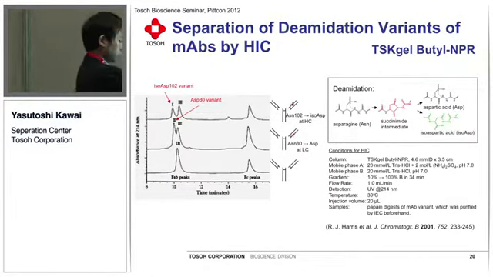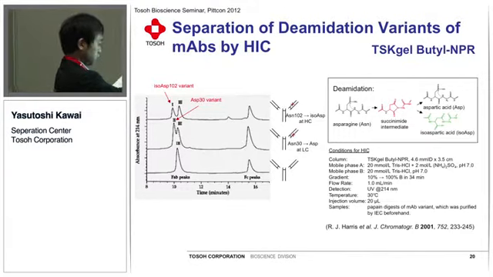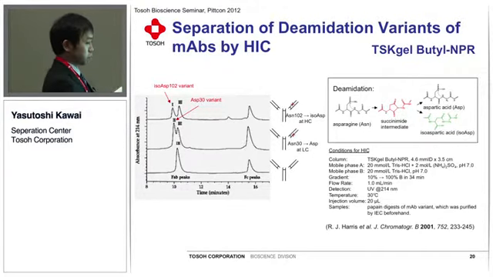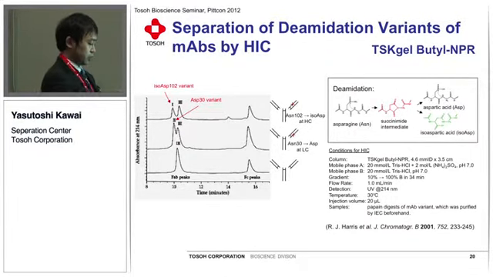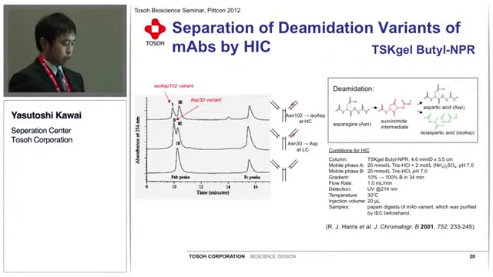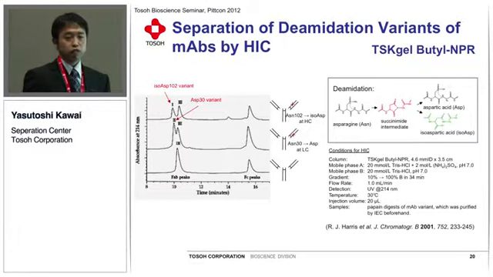Three variants of monoclonal antibody were digested with papain and separated by TSKgel Butyl-NPR column. This Butyl-NPR column is a HIC column packed with 2.5 micron non-porous particles.